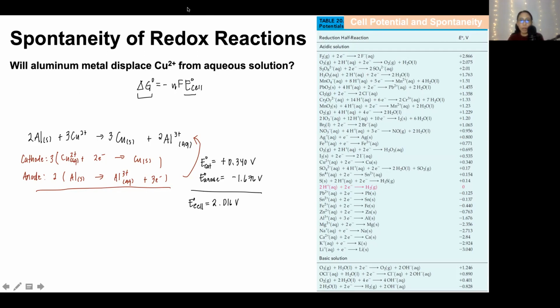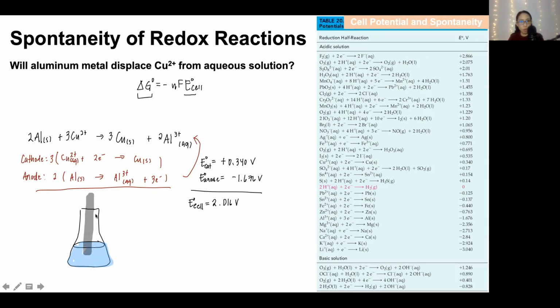So if I have a solution of copper 2+ ions, again, copper 2+ ions are color blue. So the solution is blue, okay, because of the copper 2+ ions. And then if I place an aluminum metal, let's say aluminum foil, in this solution of copper 2+ ions, then you will observe the aluminum metal will dissolve.